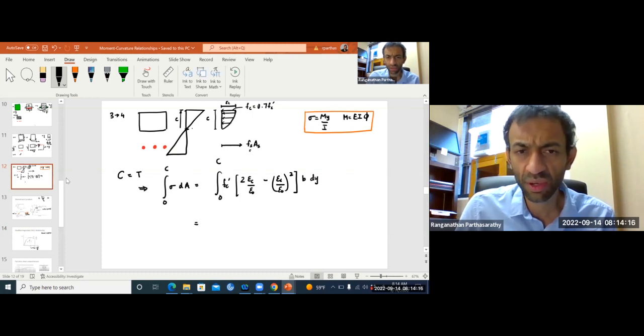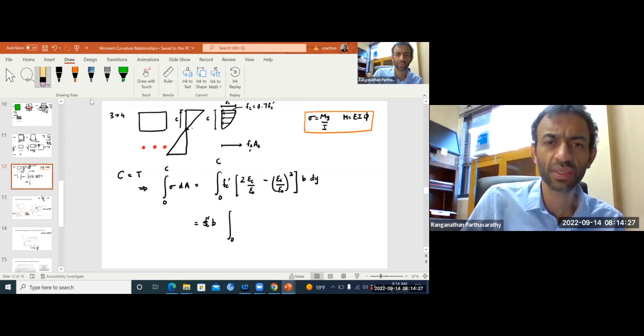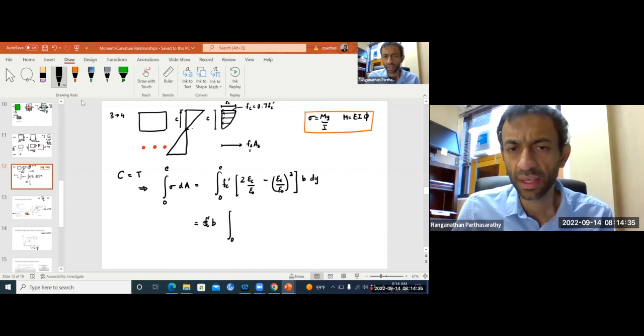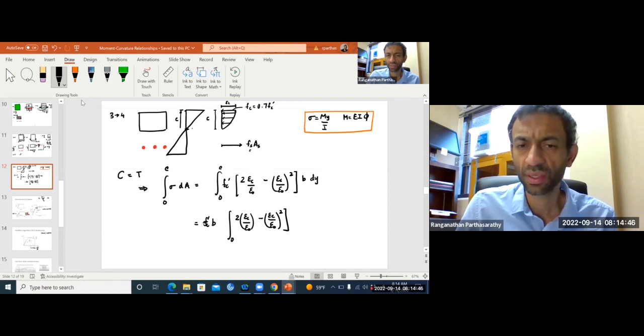Your Fc prime is common. You pull it out. Your b, breadth, is common. Pull it out. Now you have integral 0 to, sorry, this is little c, not uppercase C. You have 2 times epsilon c by epsilon naught minus epsilon c by epsilon naught whole square times dy.